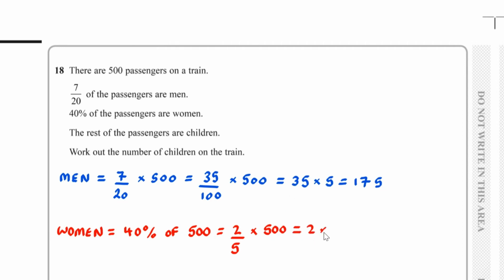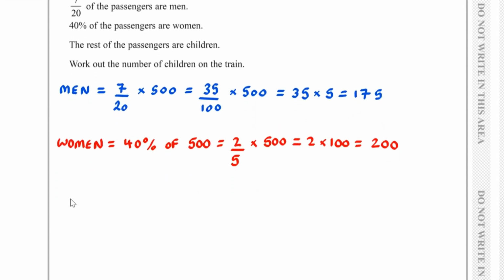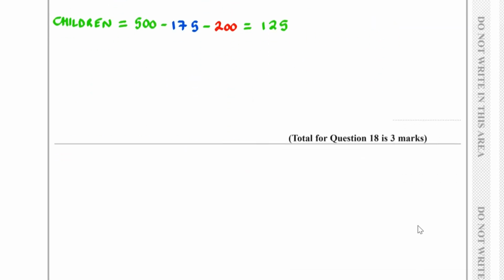So I've got 2 times by 100, which is 200. There's 200 women. So the number of children, we would have 500 subtract the 175 men, subtract the 200 women, so the number of children is 125.